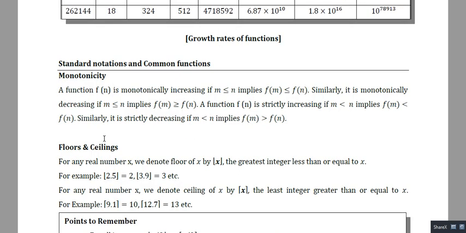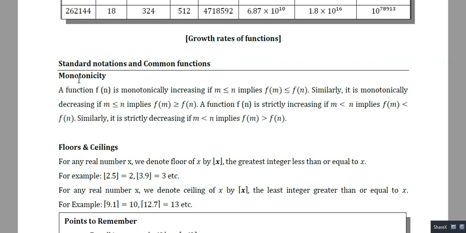So now let me tell you some standard functions we will use in this algorithm paper. First one is the monotonic function. In a monotonic function, the function will be either increasing or decreasing. A function f(x) is said to be monotonic increasing if f(m) is greater than or equal to f(n) for m greater than n.